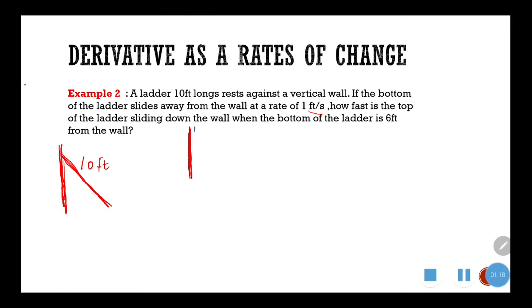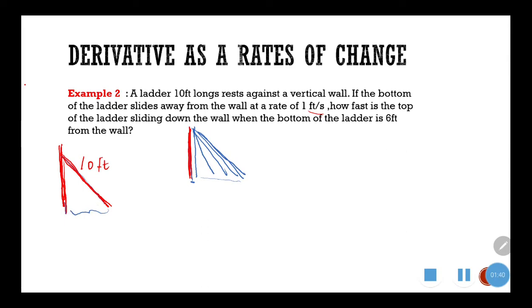Okay, so kita katakanlah ni tangga tu ada kat sini. But as time goes by, tangga tu makin lama dia bergerak macam tu. It slides away from the bottom of the wall, away from the wall at a rate of 1 feet per second. So maknanya position dia sekarang berada sini.